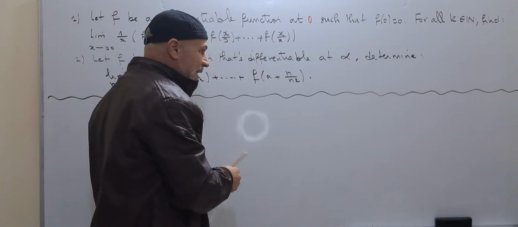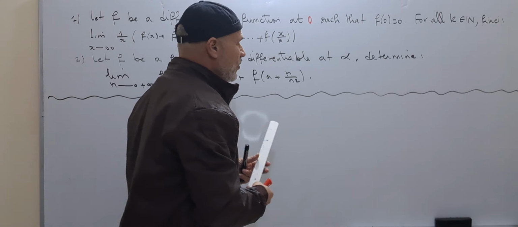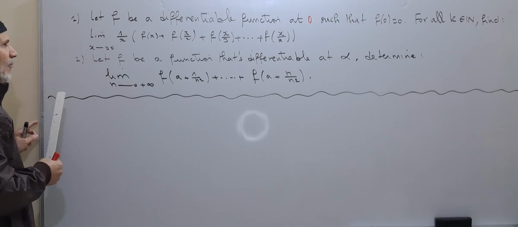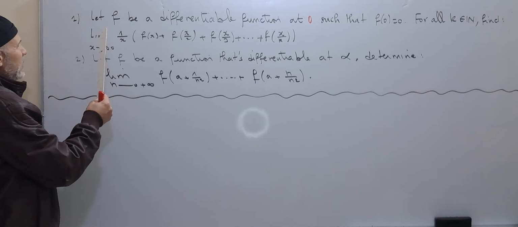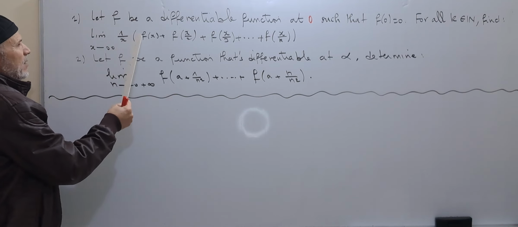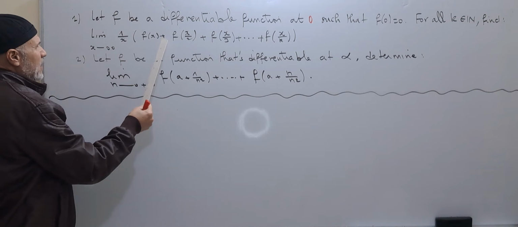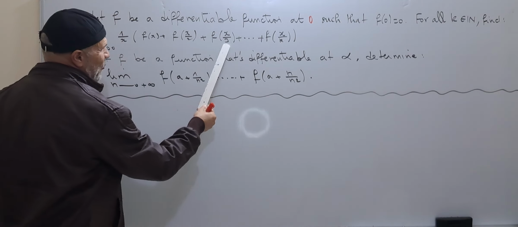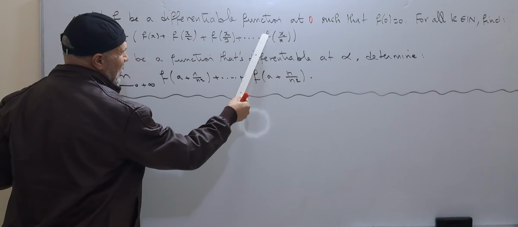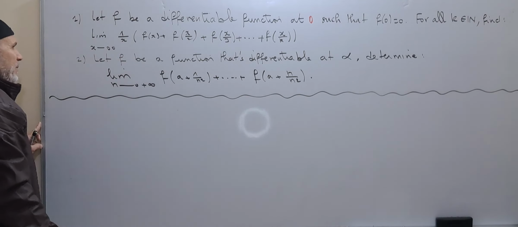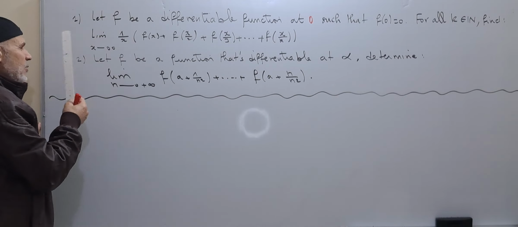For all k in N, natural number, find the limit of 1 over x times f of x plus f of x over 2 plus f of x over 3 plus ... plus f of x over k. K is a fixed natural number. Find the limit when x goes to 0.